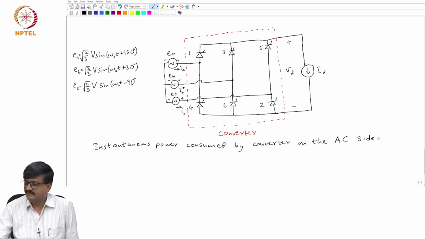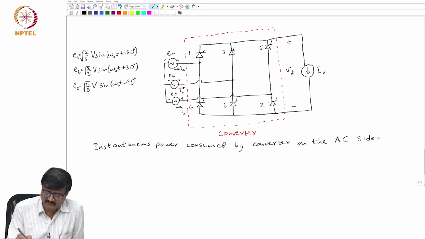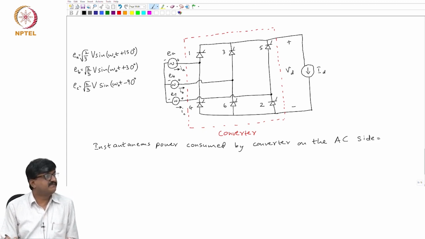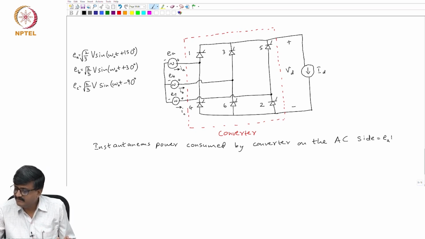What is this? The instantaneous power that is consumed by the converter on the AC side is just EAIA plus EBIB plus ECIC.